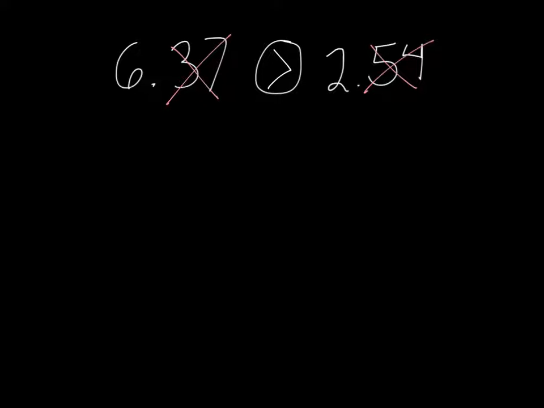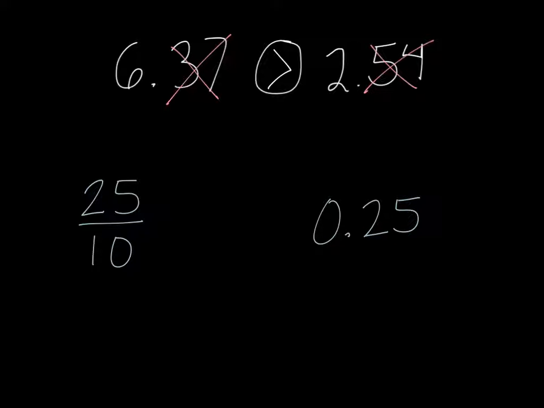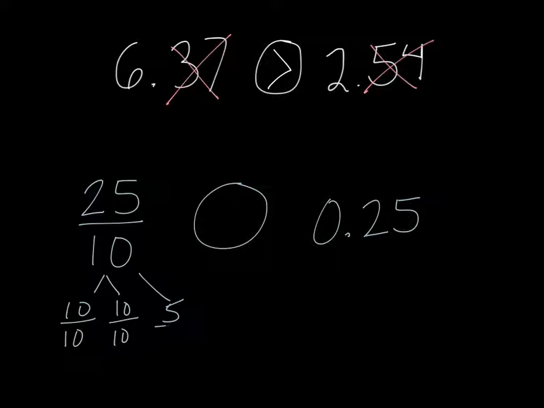Sometimes you will see problems where it is written as a fraction. So here we have a fraction, 25/10, and we want to compare that to 25/100. Well, we know that if we convert this to a decimal, it would be 10/10, 10/10, 5/10. I know that these 10/10 each make up 1 whole, so I have 2 whole, and I have 5/10 left over.